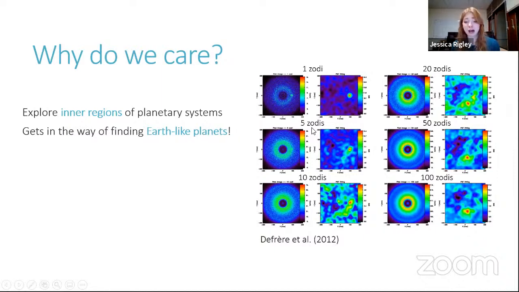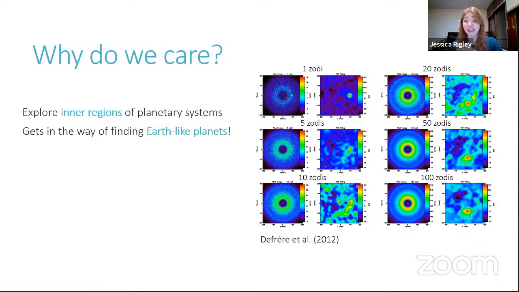But if we increase it to 5 or even 10 times our zodiacal cloud, so if we look here, you can still see the planet there as a red blob, but we can also see a lot of dust. So while we can still see the planet, it's really not as obvious now, and it's much harder to see that it's there. And then if we go over here to where we have 20 zodis, or 20 times our zodiacal cloud, where the planet is, you can't actually really see it anymore.